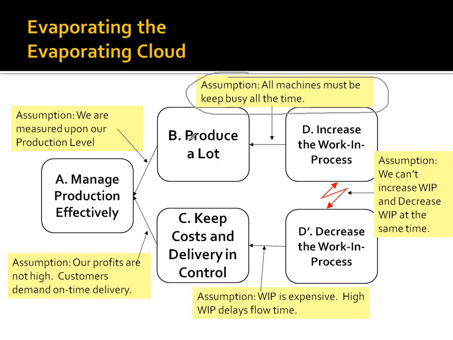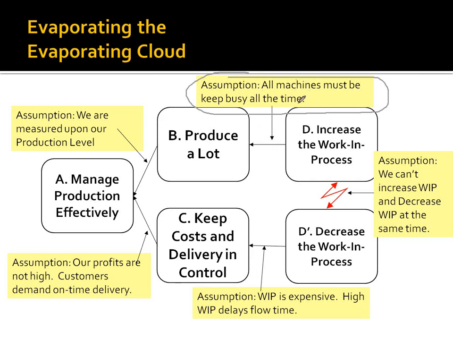In order to manage production effectively, I must produce, usually in large lots. In order to produce in large lots, I have to increase the work in process. Now, in order to produce in large lots, I must increase the work in process because why? Because all machines must be kept busy all the time.